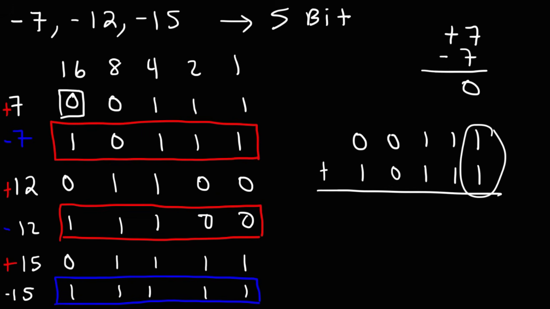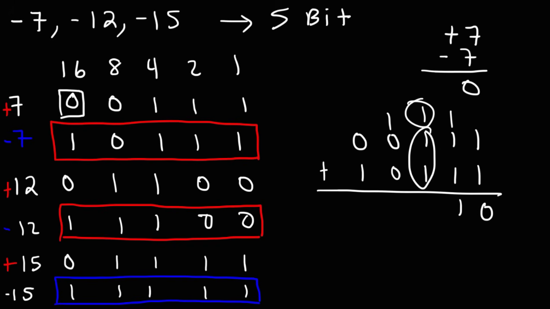So 1 plus 1, that would be 2, but we can't really write 2, so we'll just put 0 and carry over the 1. Then we have another 1 plus this 0, which will turn this into a 1. Then we put a 0 and a 1 carryover, but the 0 part plus this 1 will give us another 1.